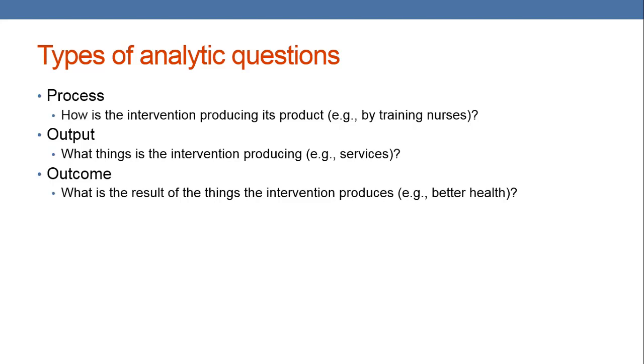So I want to talk about 3 types of analytic questions, and they're quite close to the way we think about interventions. There are 3 types of questions we tend to focus on: the process, output, and outcome. Process is pretty straightforward. It's just what is the thing you're doing in order to get your outcome. The output and outcome are confusing to people.